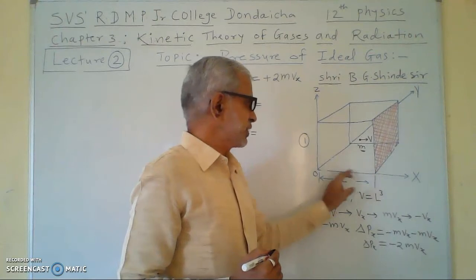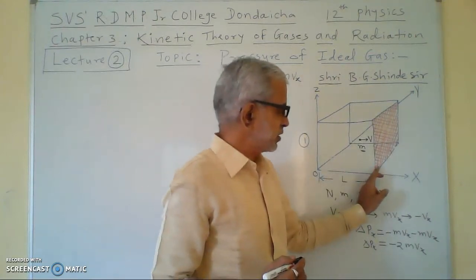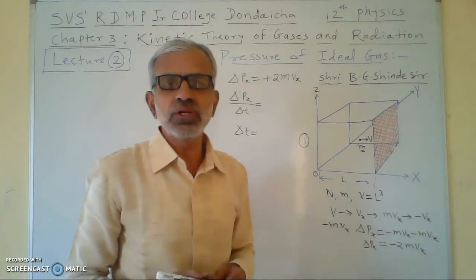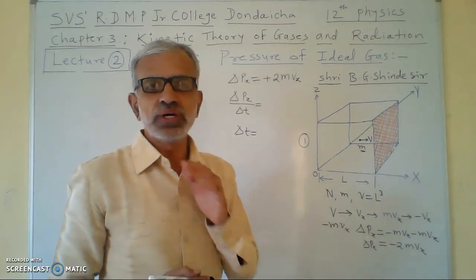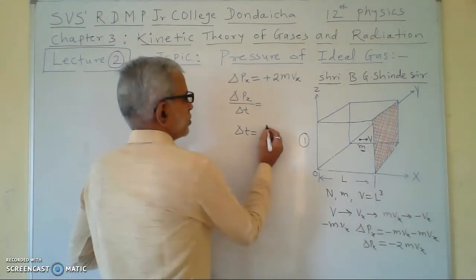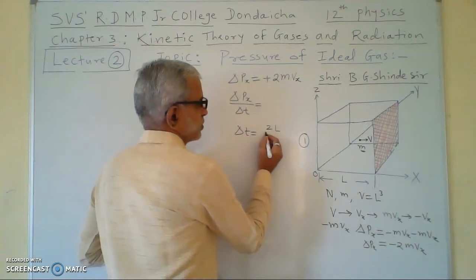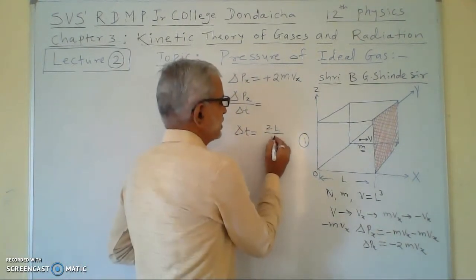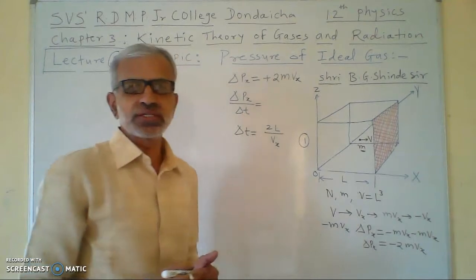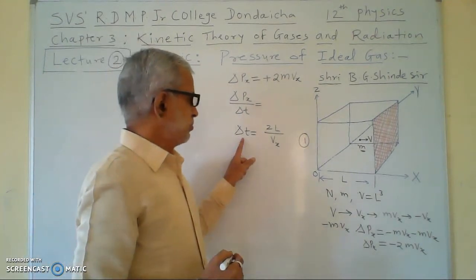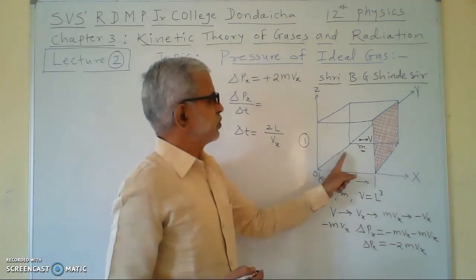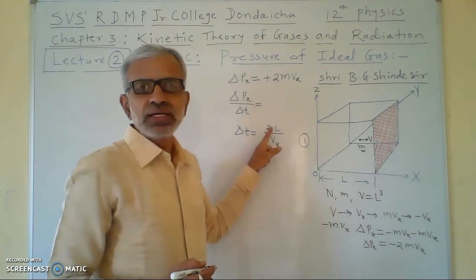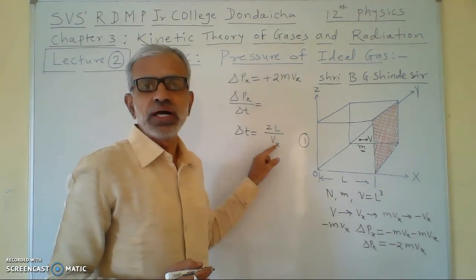This distance is L, and again it will come to the same surface, and so total distance traveled by the gas molecule will be twice L. So distance traveled by the gas molecule divided by the velocity of the gas molecule, it is vx. So the time between two successive collisions is equal to distance traveled by the gas molecule divided by the velocity of the gas molecule.